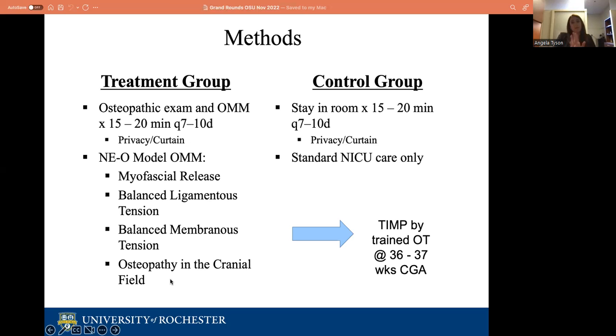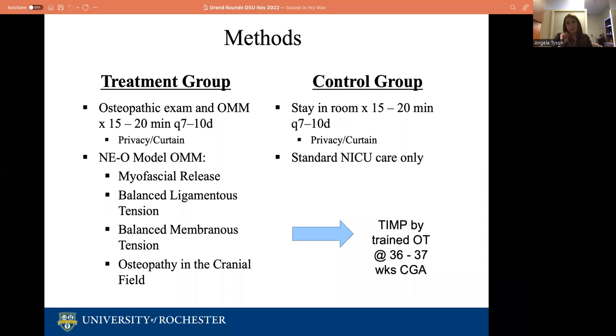Once they get this every 7 to 10 days, starting around 28 weeks gestation, they get this all the way up until they turn 36 weeks corrected gestational age. So their last treatment possible date comes at 35 and 6 weeks corrected gestational age. And then all of my stuff completely stops. I'm done. They get no more treatment or not treatment for the rest of their stay in the NICU.